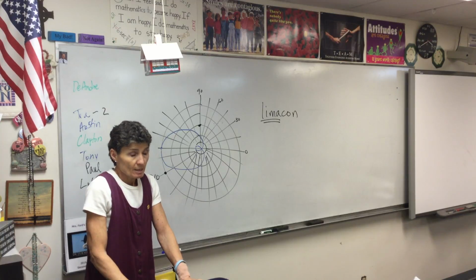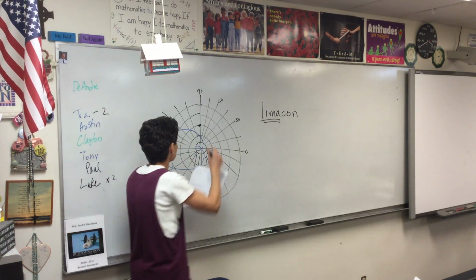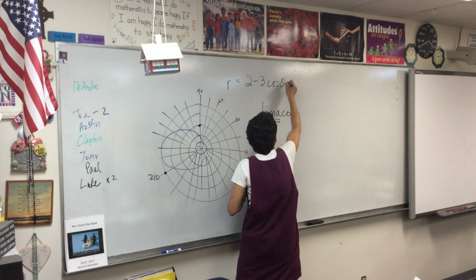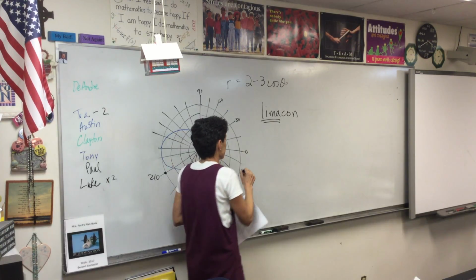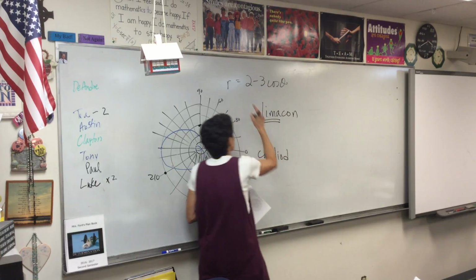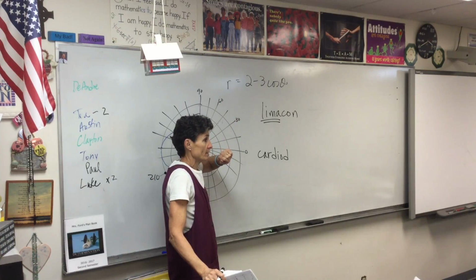Now, there are special limaçons. Let me write this equation down. The one you graphed was 2 minus 3 cosine. There are special limaçons called cardioids. The question might be, is this equation a cardioid?